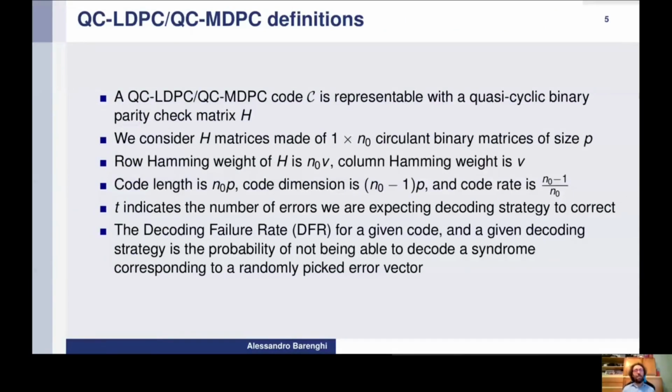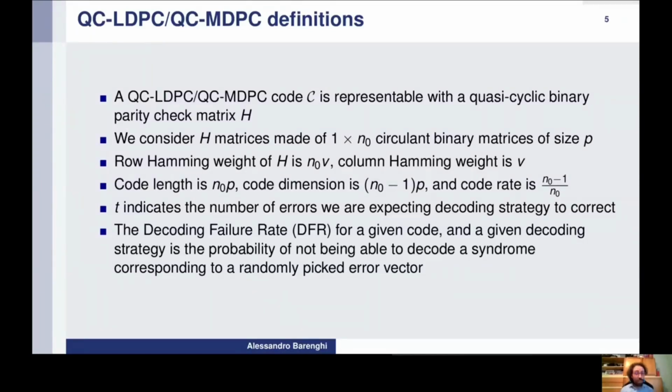So essentially, I'll be talking about a code C, a QC-LDPC or MDPC code C, which is representable with a quasi-cyclic binary parity check matrix H, which is a 1 times n0 tiling of circulant binary matrices of size p.